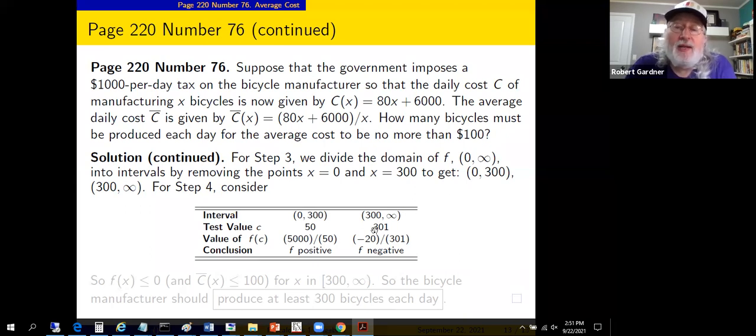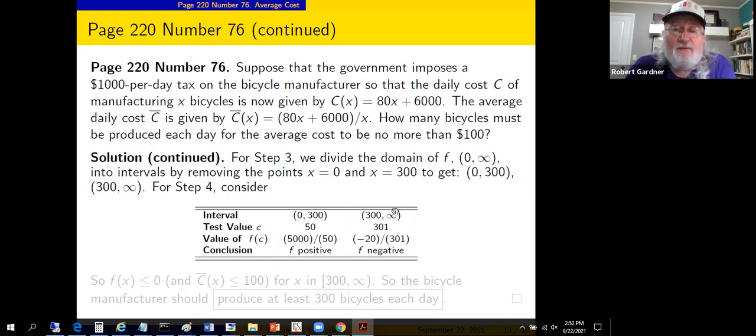So pick a number, any number from 0 to 300. Suppose 1 is a reasonable thing to do. Pick 50. 50 easily divides 5,000. Doesn't matter. We get a quotient of 2 positive things. Function's positive. That's the information we need. Pick something between 300 and infinity. How about 301?